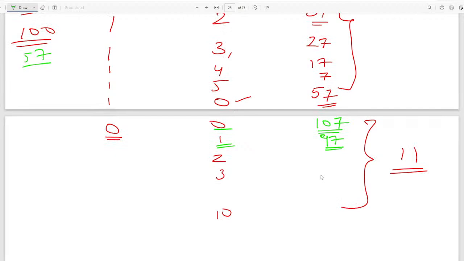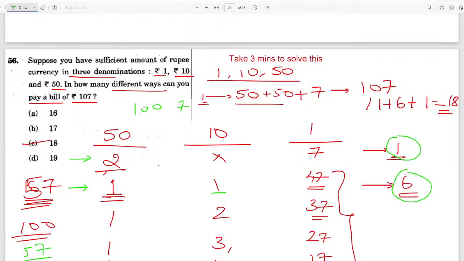Similarly, there would be 11 ways here: 0, 1, 2, 3, 4, 5, 6, 7, 8, 9, 10. There are 11 ways, including the 0, where you don't use any 50 rupee note but use 10 rupee notes or 1 rupee notes. So the total number of ways is 11 plus 6 plus 1, that is 18.